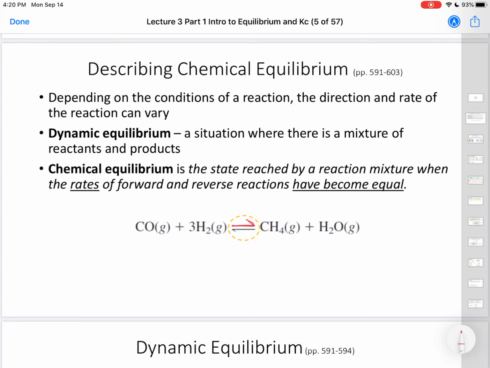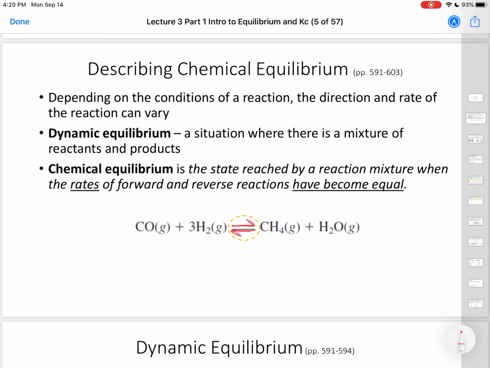But in the same container or reaction flask, another reaction is happening wherein CH4 and water are reacting together, and producing carbon monoxide and hydrogen gas. So there is a reverse reaction of this being converted back into the reactants.